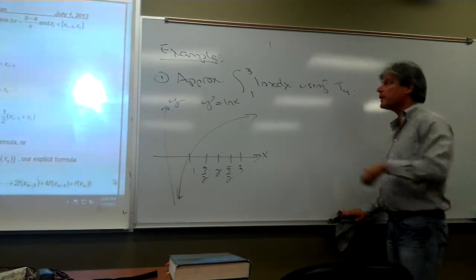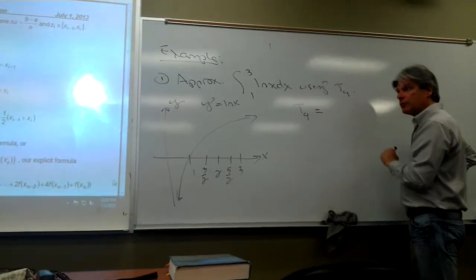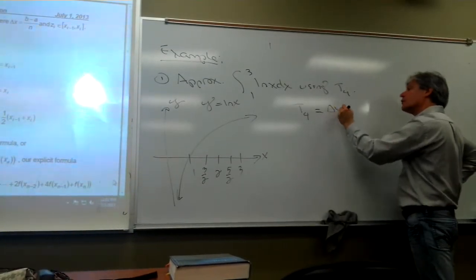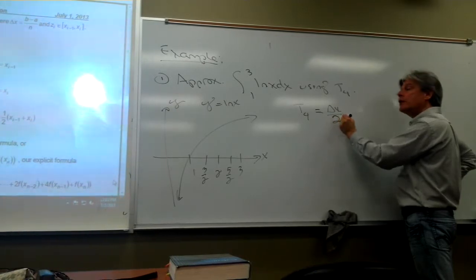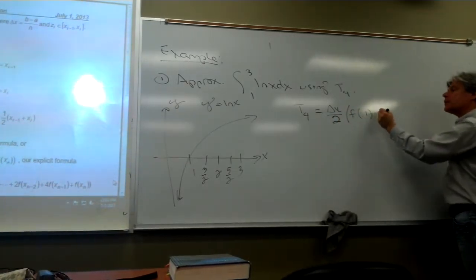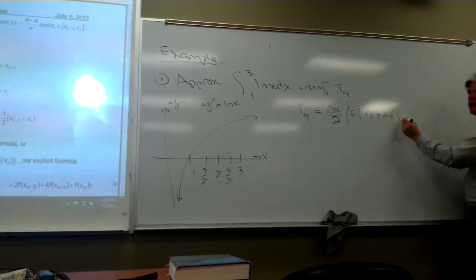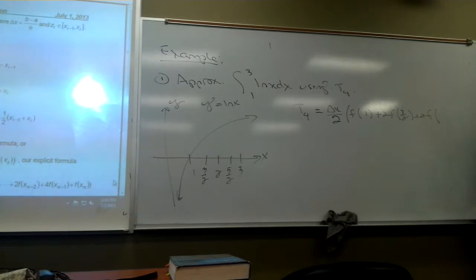Our explicit formula says that T sub 4 is exactly equal to delta x over 2 times f evaluated at x sub 0, plus 2 times f evaluated at x sub 1, plus 2 times f evaluated at x sub 2, plus 2 times f evaluated at x sub 3. And finally, plus f evaluated at x sub 4.